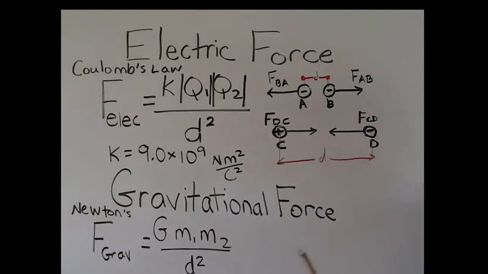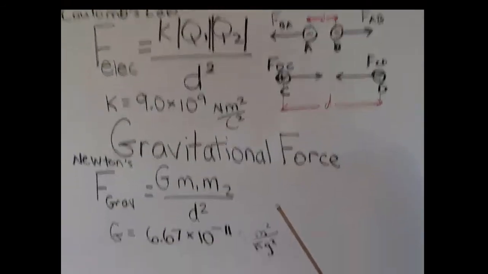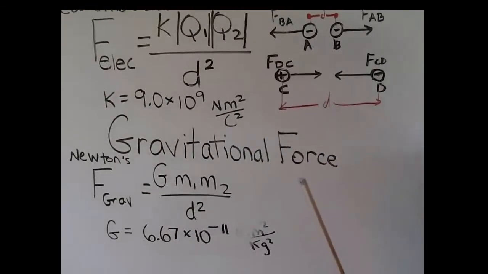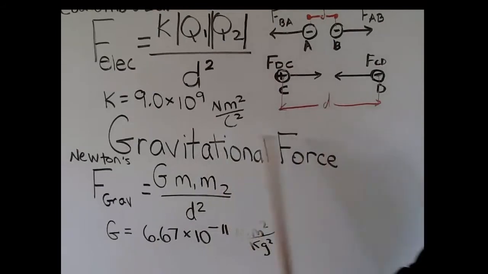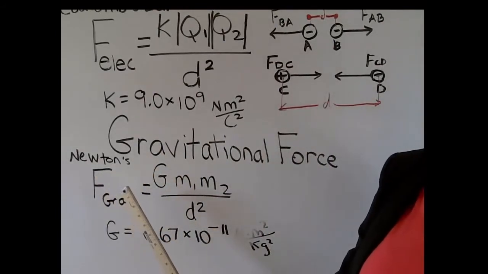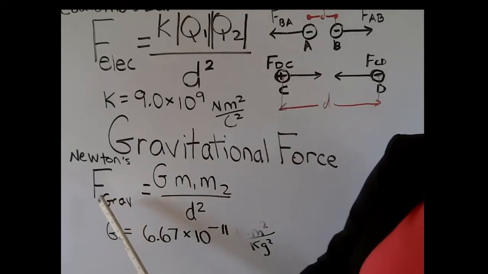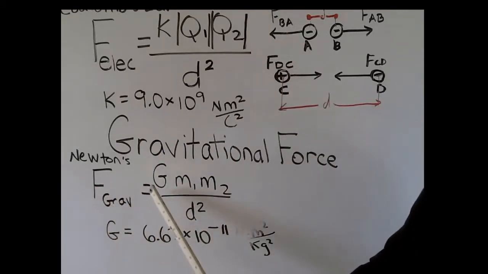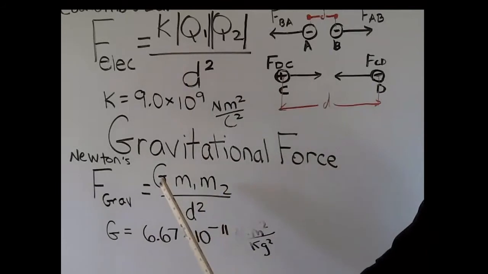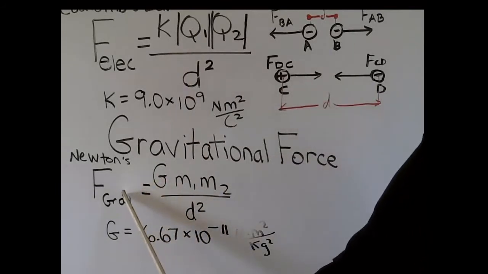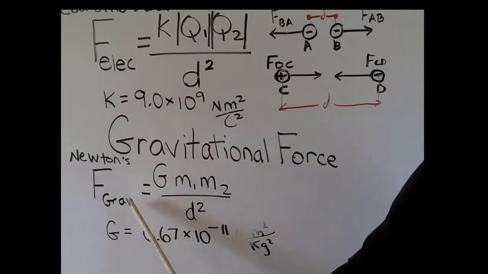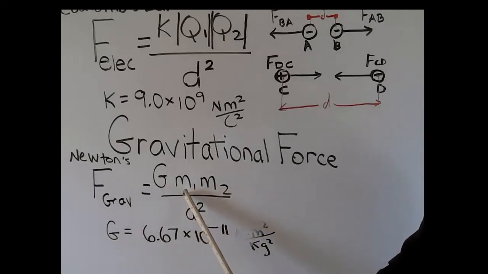Coulomb's law can be compared to Newton's universal law of gravitation. It's the gravitational force law discovered by Sir Isaac Newton. So if you'll notice, Newton's law of universal gravitation looks a lot like Coulomb's law. The universal law of gravitation says that the force of gravity is proportional to the product of the mass 1 and mass 2.